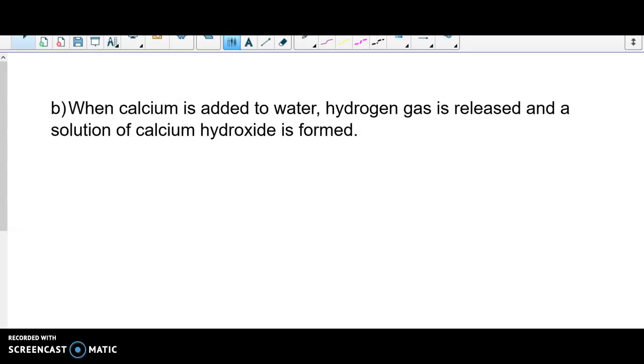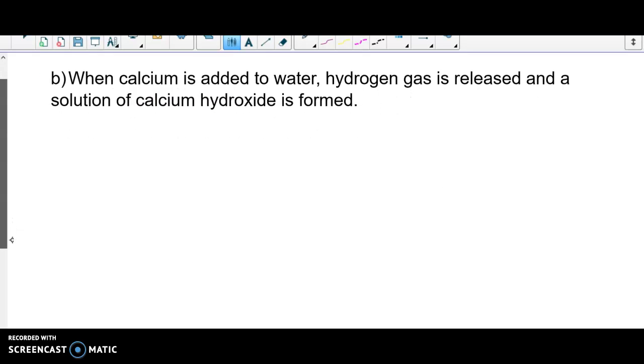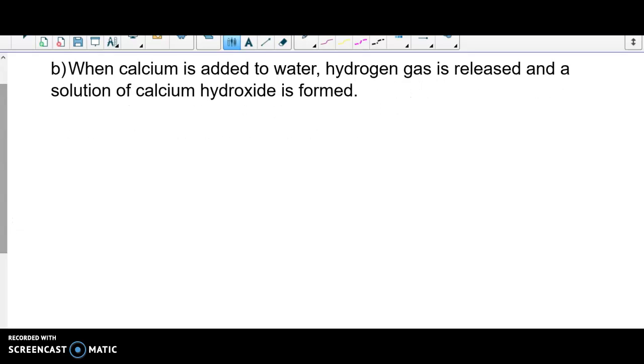Calcium is added to water, and when that happens, hydrogen gas is released and a solution of calcium hydroxide is formed. So for the word equation, we are starting with calcium. Calcium is a metal, and when metals exist by themselves, we just write the name. All the metals except mercury exist as solids at normal temperatures and pressures.